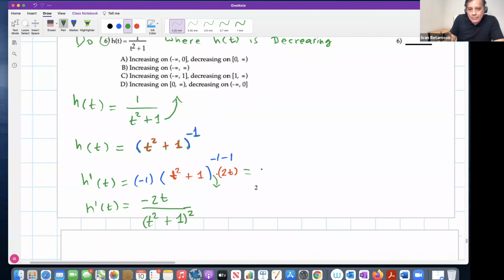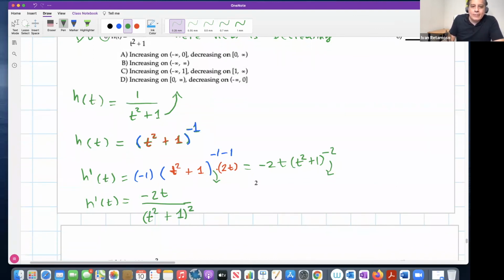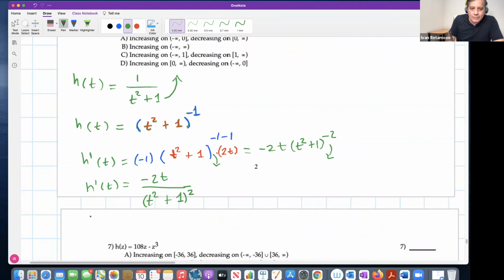I don't want to confuse anyone. This was this times t squared plus 1 raised to negative 2. We just put this down. All right, but then when you set h prime of t equal to 0, what's going to happen?